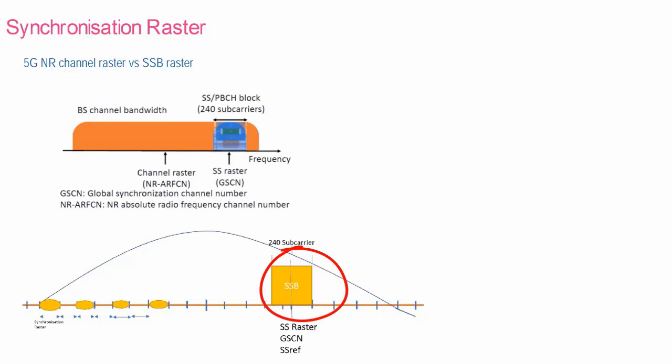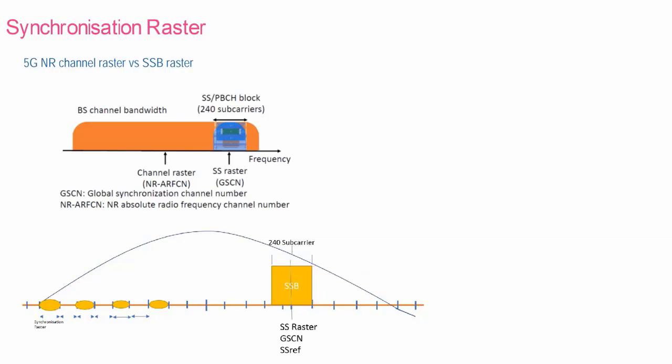There is a limited set of possible locations in each band, also called the synchronization raster. So the SSB exists at limited possible locations. These possible locations are called the synchronization raster. The UE performs SSB search in these sparse and specific possible locations.